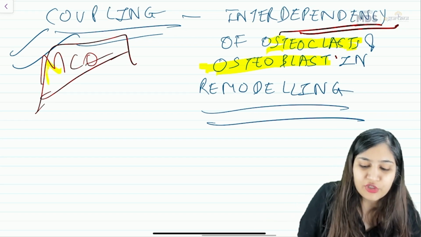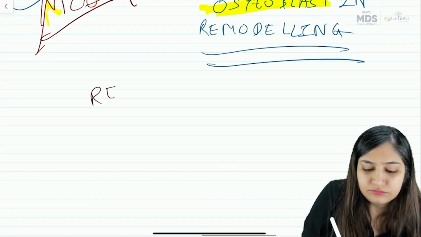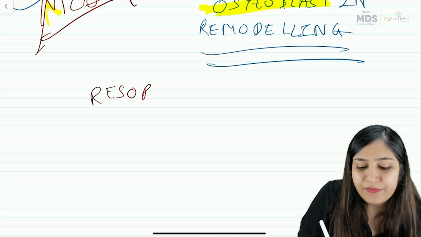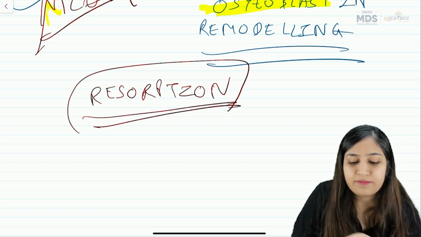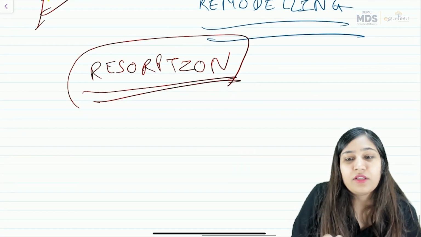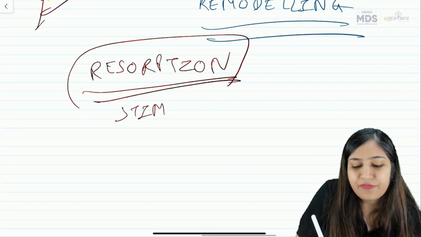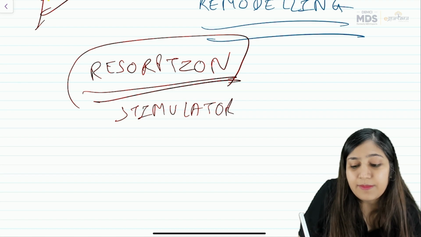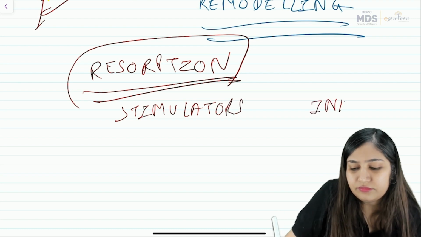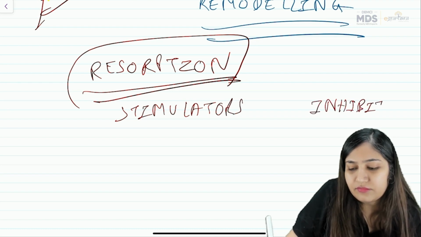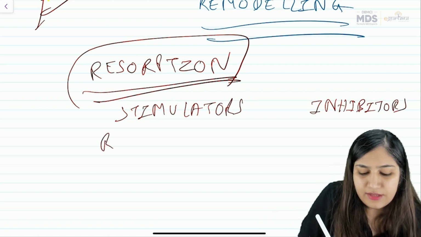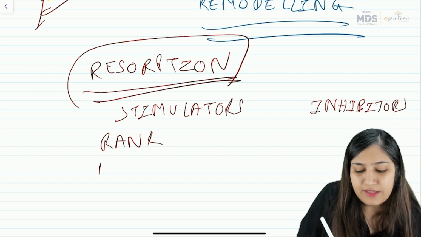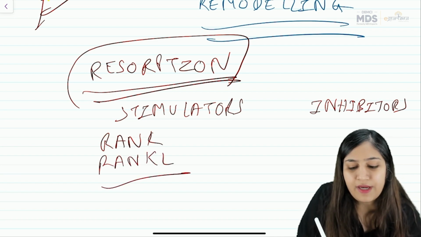Coming to bone resorption. Resorption is caused by which cells? Osteoclast cells. So there are stimulators as well as inhibitors. Stimulators may be RANKL, because the combination of RANK and RANKL causes resorption, right?